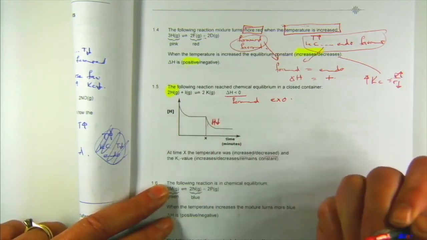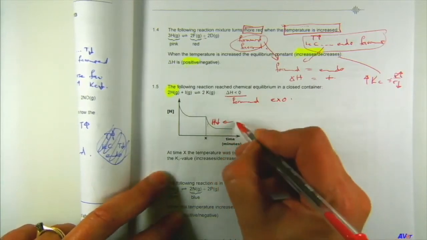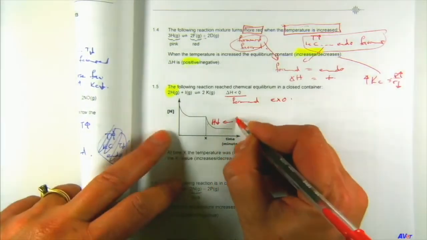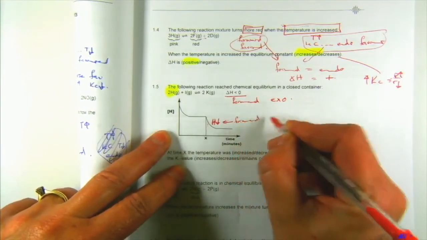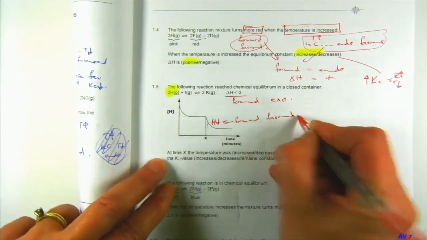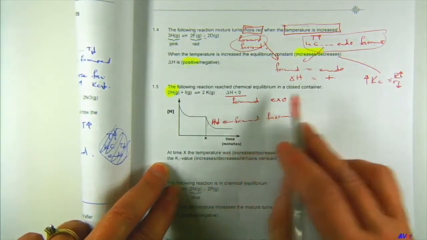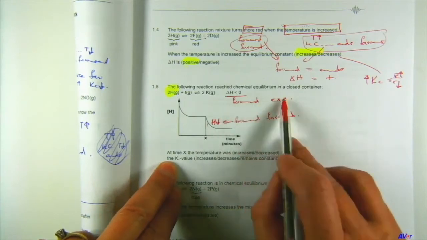What does that tell you? That tells you that the system favored which reaction? The system favored the forward. Right, the forward reaction was favored. And they say the forward reaction is exothermic.